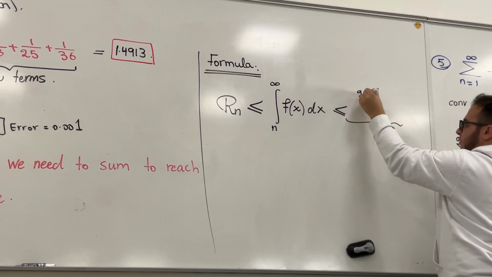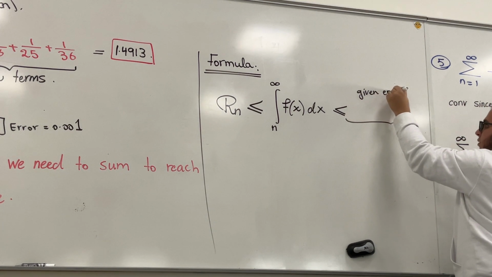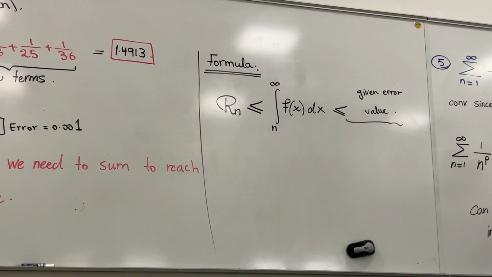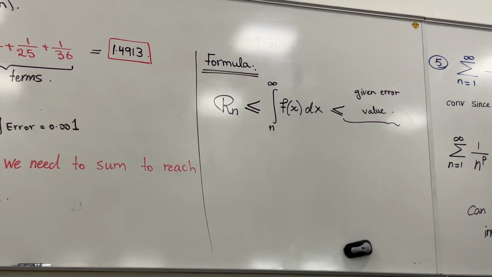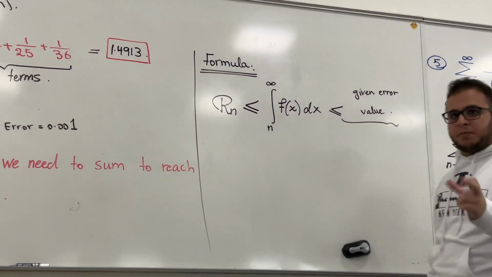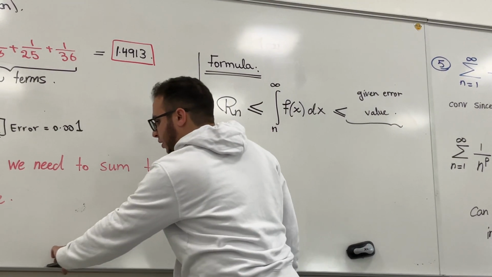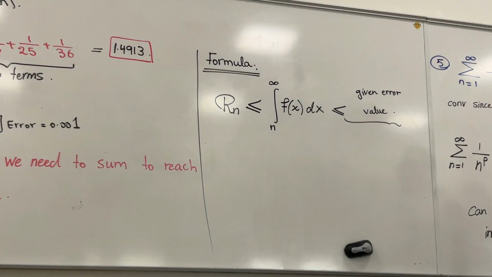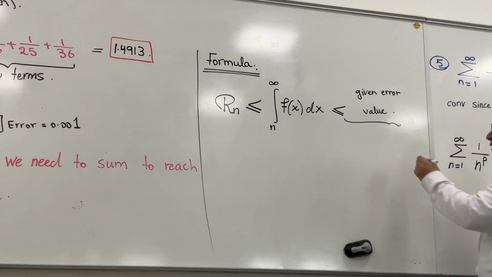Here it will be the given error value. It will be given. Okay? Good? Rn means it's like the difference between the partial sum and the actual sum. Right? Now, so let's take an example.